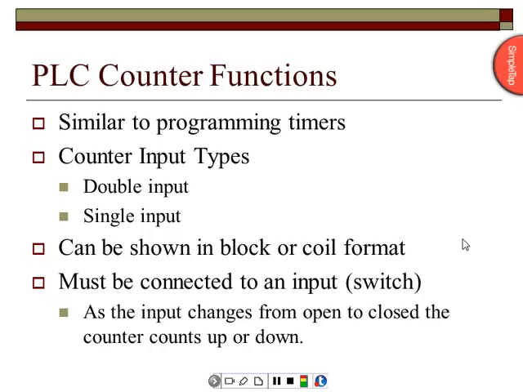But it has to be some kind of an input that it is going to read every time something happens. It only changes when you go from open to closed or closed to open, depending on which one you got it set up for. So if I throw the switch up, it's not going to count it on the way up and on the way down. It's only going to count one way, either up or down.